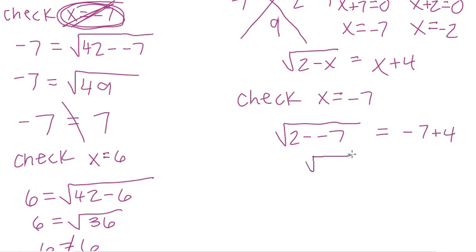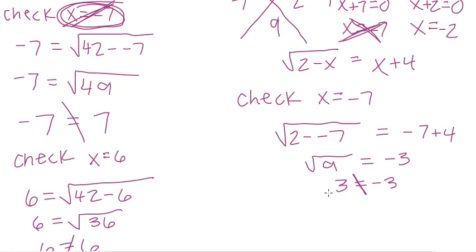So that's that the square root of 9 is equal to negative 3. Well, the value of a square root can't be negative, so that's 3 equals negative 3. That's no good there. So I'm going to go up here, and I already know that negative 7 is not good. There's not some magical thing about negative 7 not working for rational equations, so it's just bizarre that that's what happened both times.